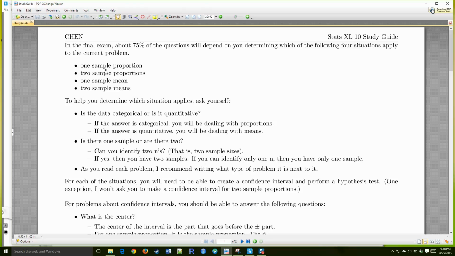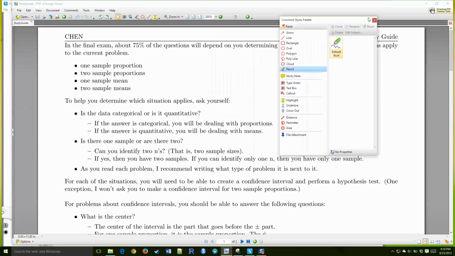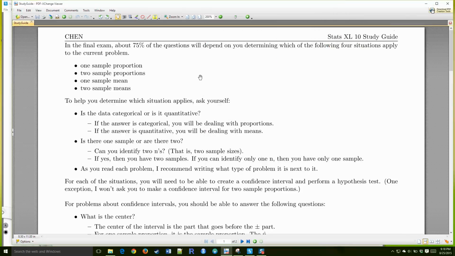If you're dealing with numeric or quantitative variables, you have means. So means or proportions: categorical means proportions, and numeric or quantitative means means.